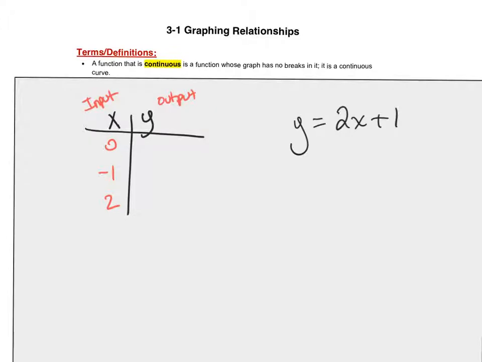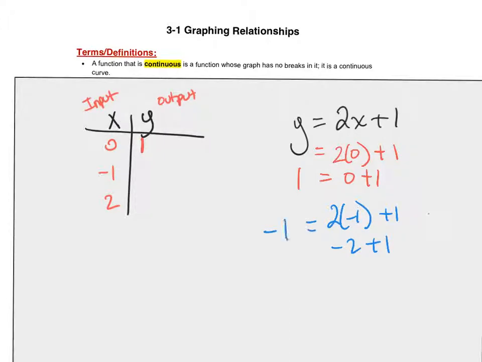So if we put 0 into x's value, we would get 0 plus 1, which is 1. So 1 is the output. If we put -1 into x, you would get -2 plus 1, which is equal to -1. And so when x is -1, y also happens to be -1.